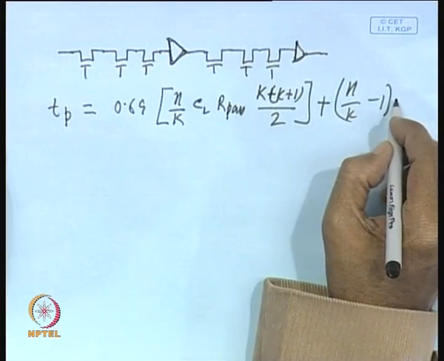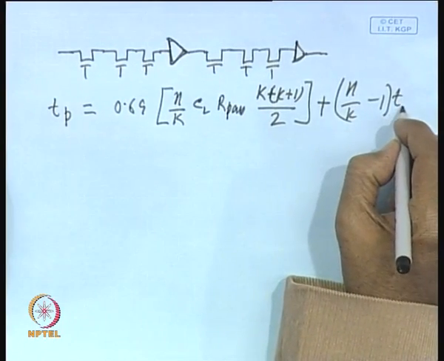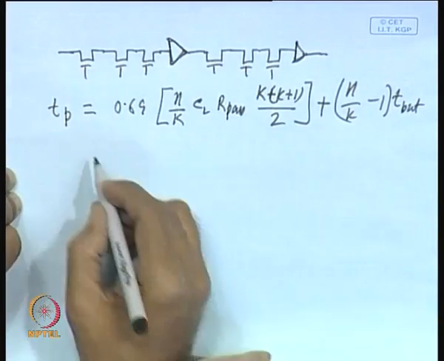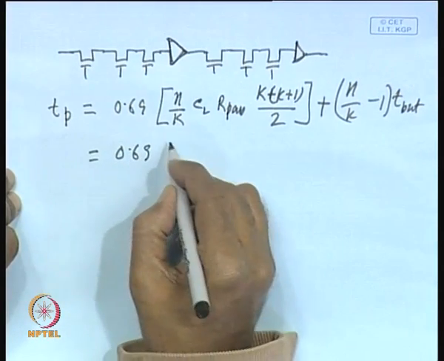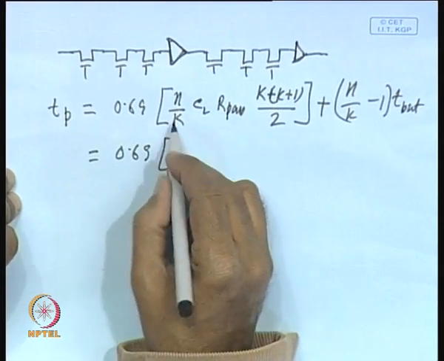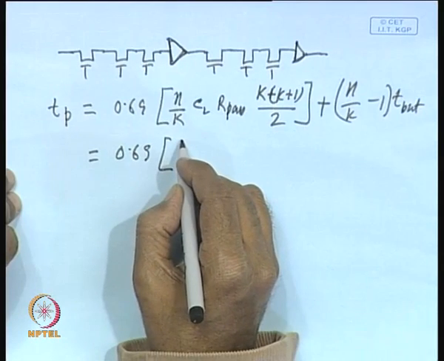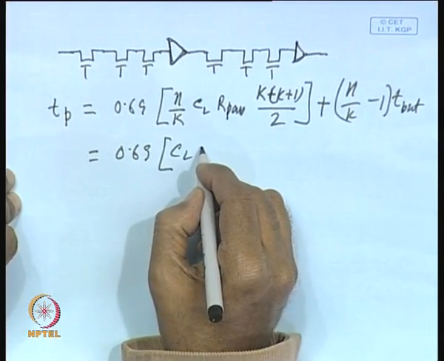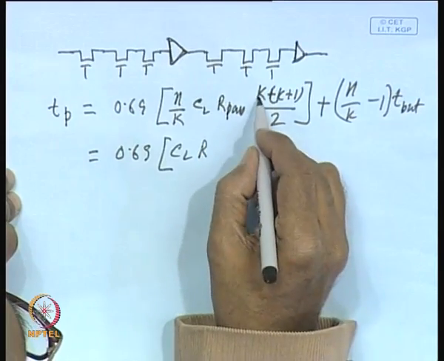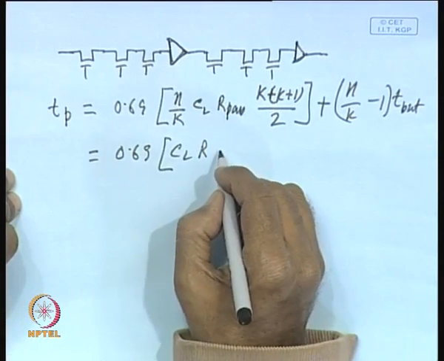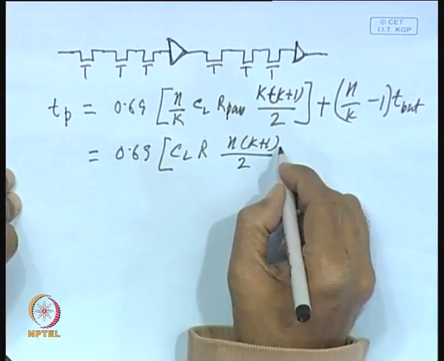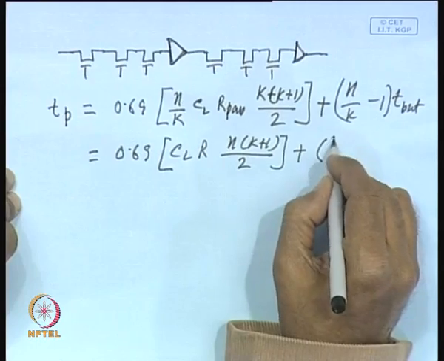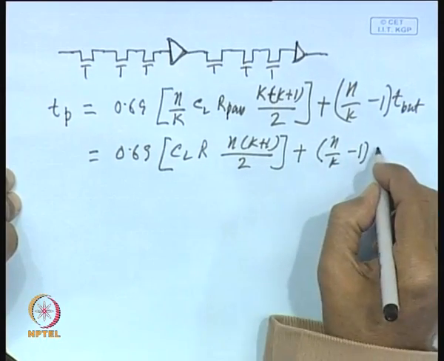I am not deriving this, but this is the delay of the buffer. This is the expression that you will get. If you solve it, you will get 0.69, this will be equal to CL R pass. So, this k will cancel out, into n into k plus 1 by 2, and this part will remain same, n minus k minus 1 into T buffer.